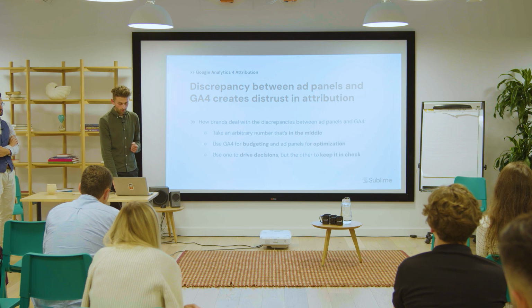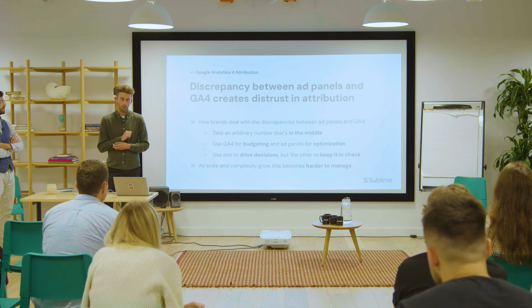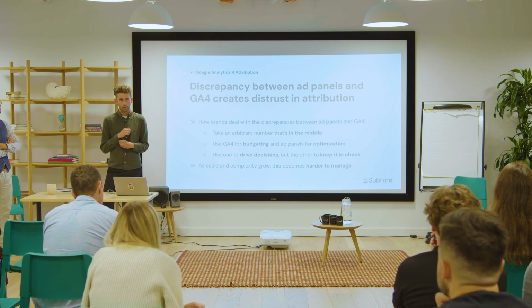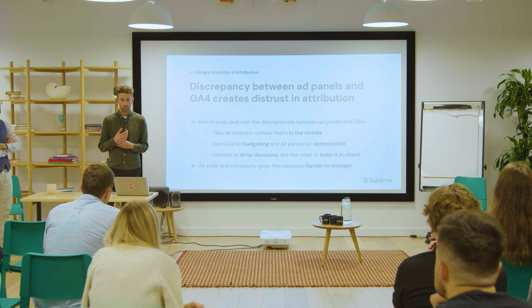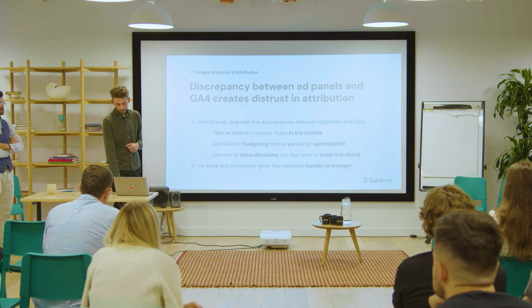And if there are no radical changes, then all is good. And if we see that the results are off, then we start trying to figure out why it happened the way it happened. So this all works somehow, but as the scale and complexity grow, this becomes really hard to manage, and we see that companies are trying to do something else.